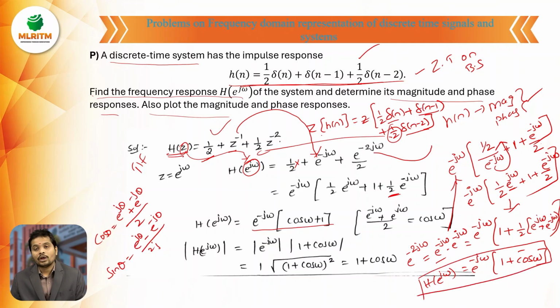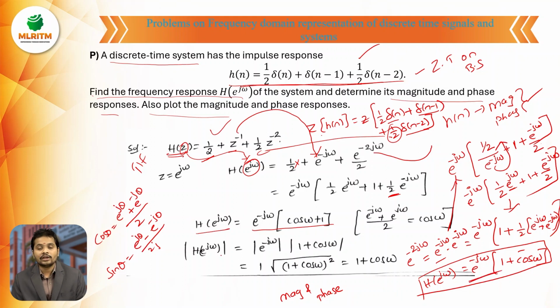For this, we have to find the frequency response, that is the magnitude response and the phase response. As you know, the magnitude response is the root of the real square plus imaginary square, and the phase response is the tan inverse of the imaginary term by the real term.